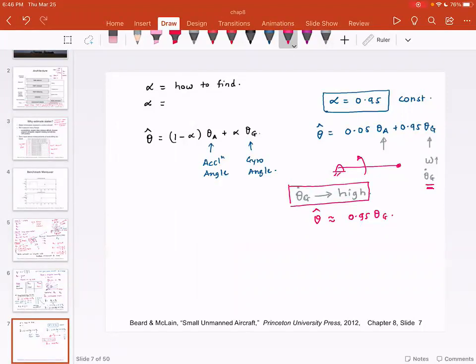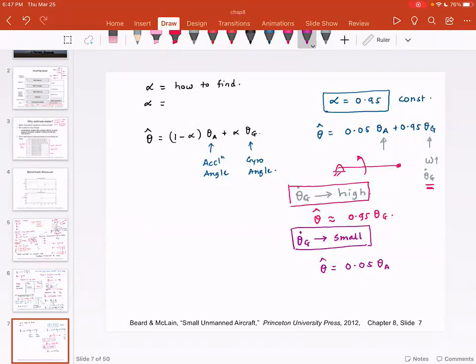Now let's assume my theta dot g is small. If my theta dot g is small, then you agree with me, my theta will be biased towards theta A.